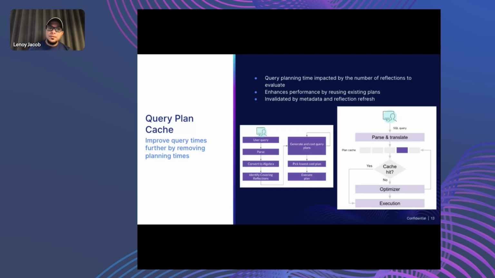This will save a relatively large portion of a potentially expensive planning time. In the query profile of a job, you will be notified if the query plan was taken from the query plan cache or not, so you can identify whether queries are using it or not.